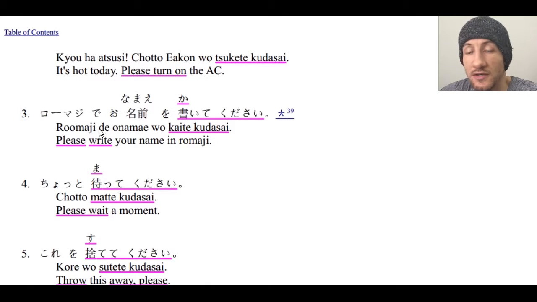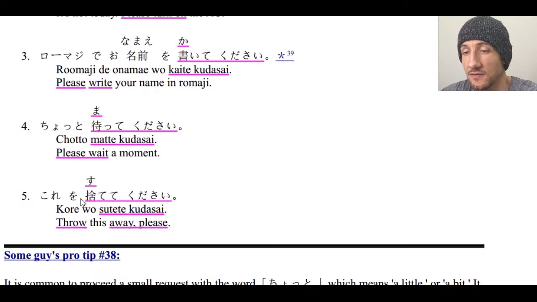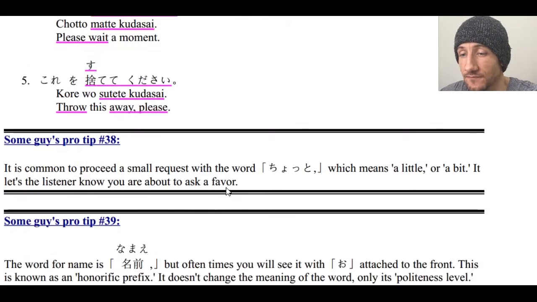Number three, ローマ字でお名前を書いてください。Please write your name in ローマ字。Number four, ちょっと待ってください。Please wait a moment. And number five, これを捨ててください。Throw this away, please.